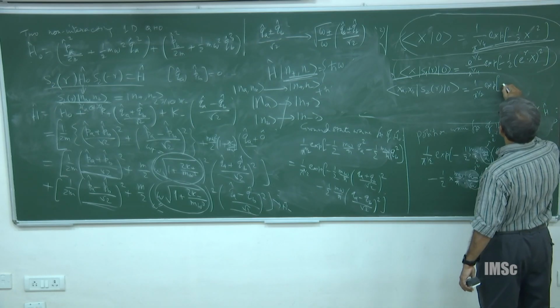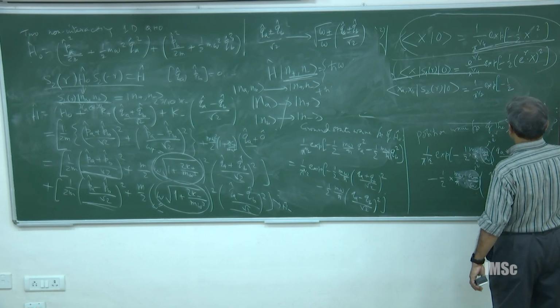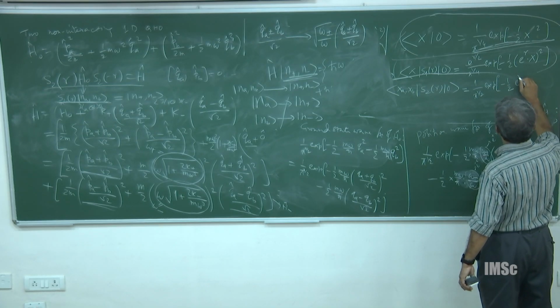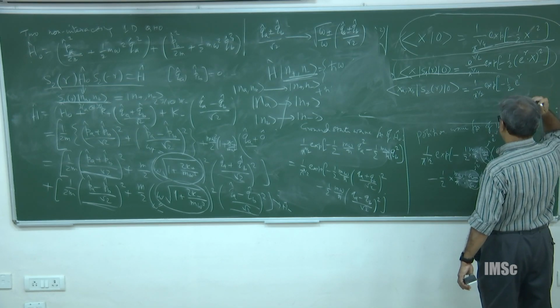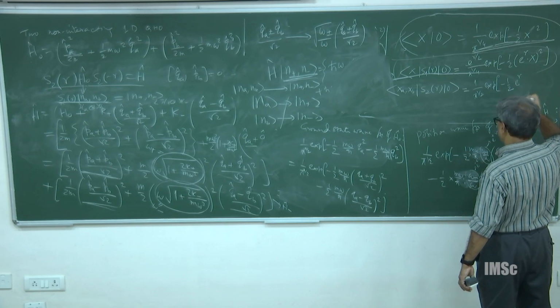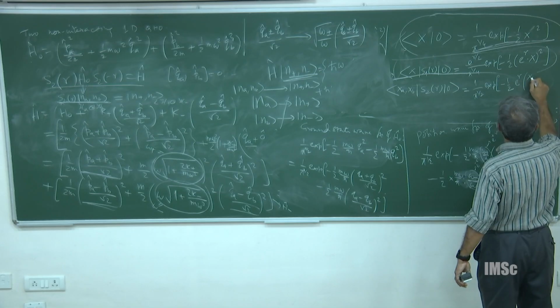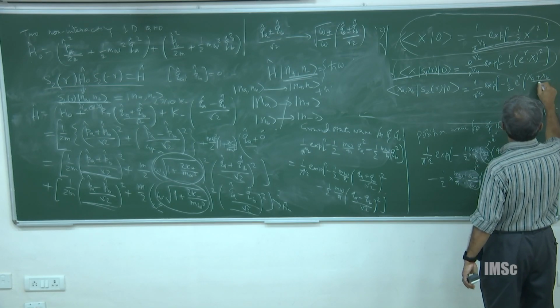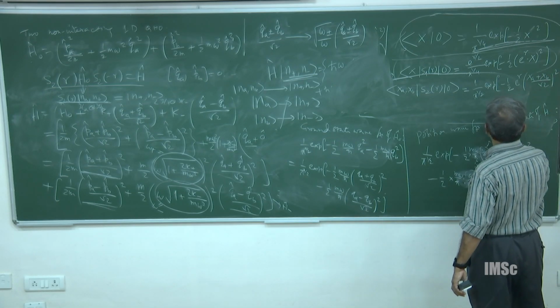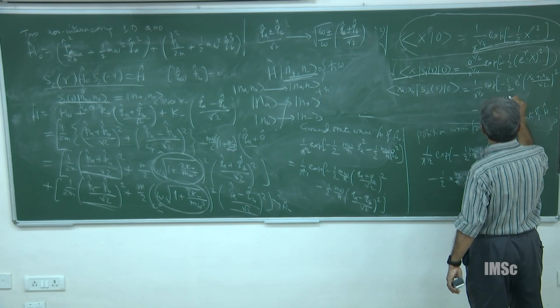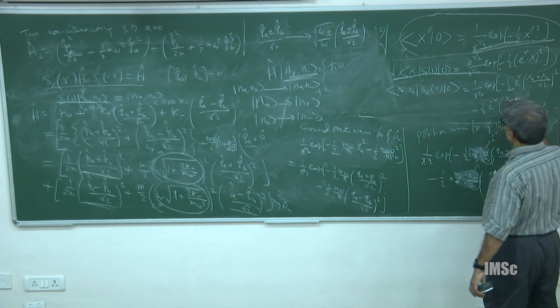So this is minus half, I think it should be e to the power r, r or r square, it should be r, maybe it is r, and then this is (xa plus xb) by root 2 whole square, and minus half e to the power minus r (xa minus xb) by root 2, this is square.